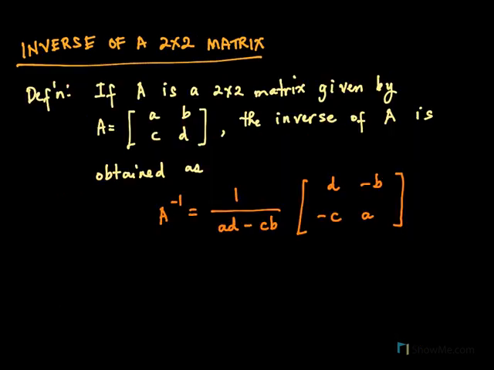So in getting the inverse of an n by n matrix, we start with ano muna, no, 2 by 2 matrix, kasi ito yung merong tayong shortcut. Okay? So for a 2 by 2 matrix, if A has elements A, B, C, D, and the inverse of A exists, then we obtain the inverse as follows. So what we have here is a scalar muna, no?